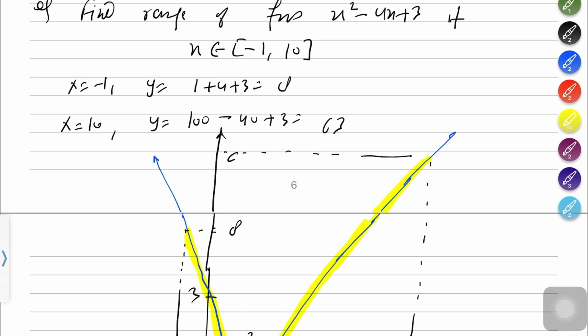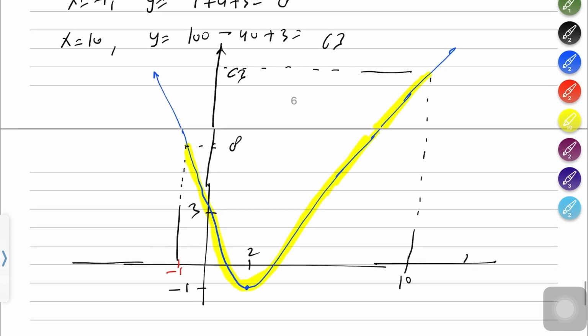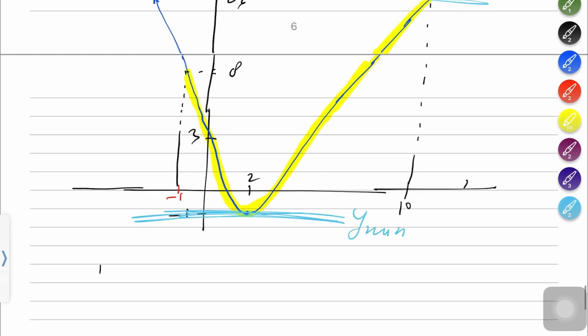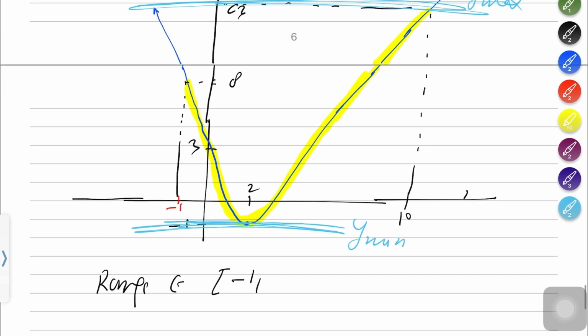So this value is 63. So you know that the minimum value of the graph is this, the y minimum, and this is the maximum value of the graph, y maximum. So the range of the function will be minus 1 to 63. Okay, got it.